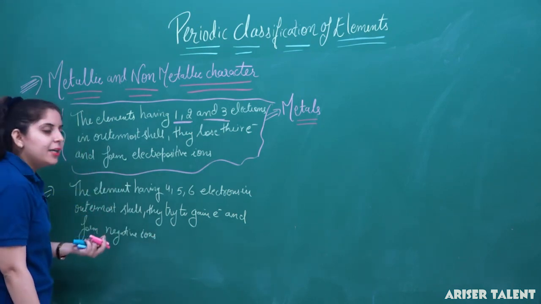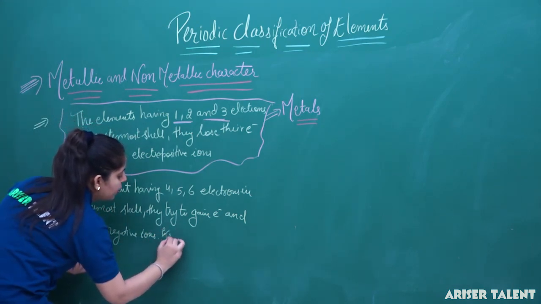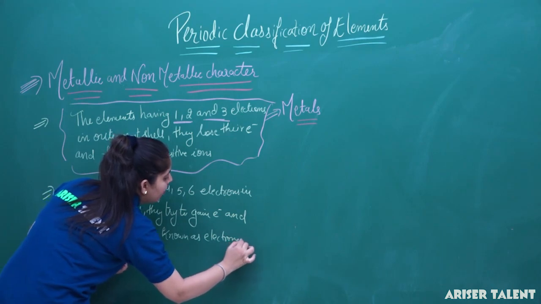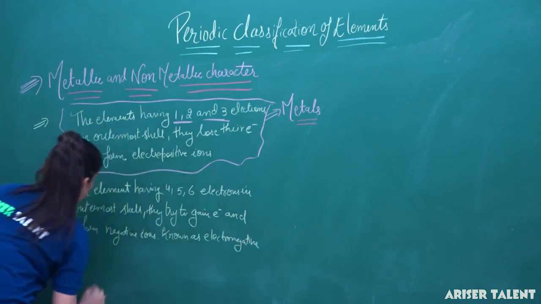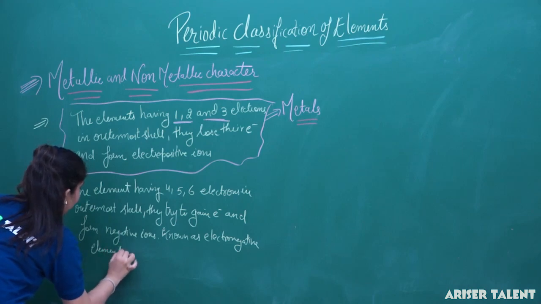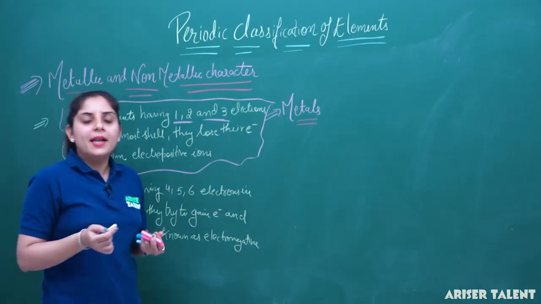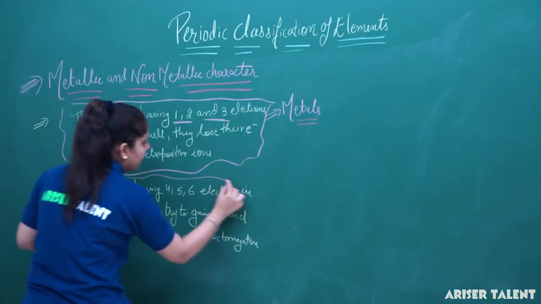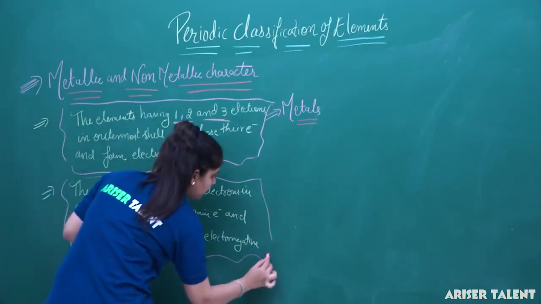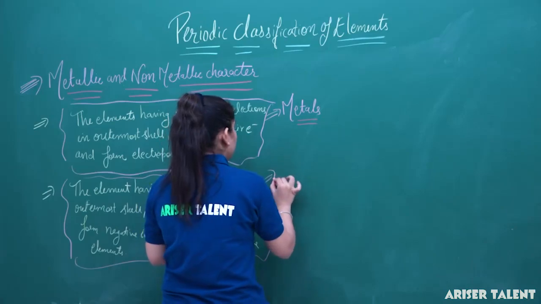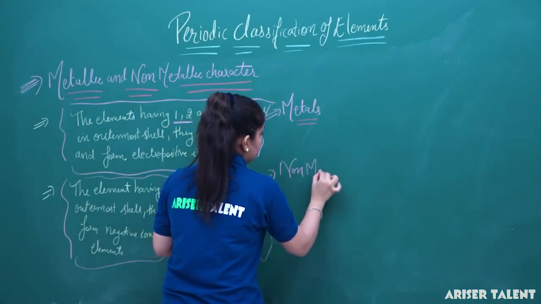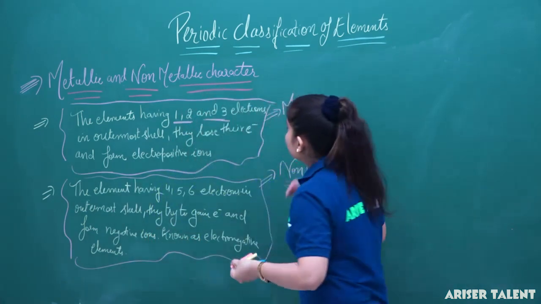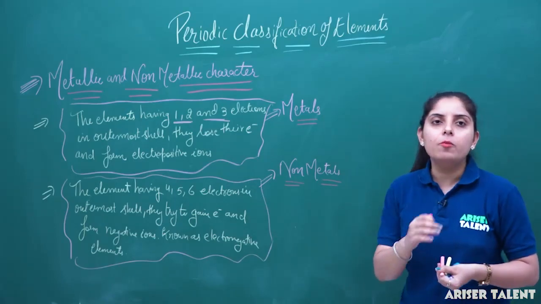And if they form negative ions, they are known as electronegative elements. And those which try to gain the electrons are the non-metals. So this is the basic definition that we are dealing with here, about metals and non-metals.